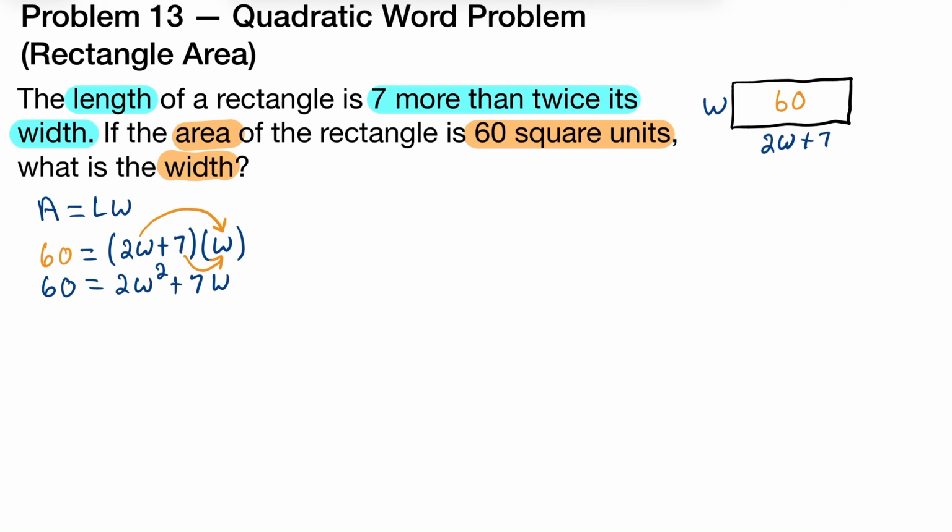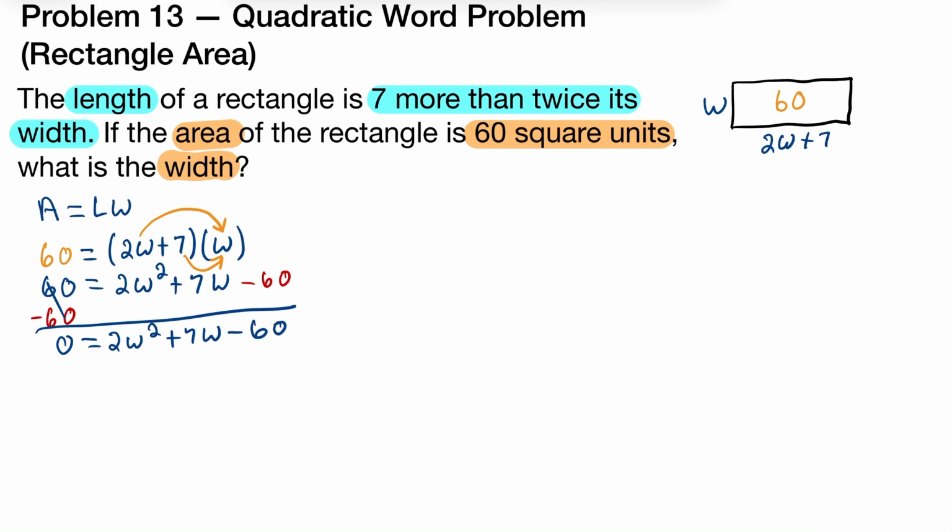Now, what we have to do here is move everything to one side, so that way it is equal to 0. And we can subtract 60 from both sides. On the left, we can see that it is equal to 0 because 60 minus 60 is 0, equals 2w squared plus 7w minus 60.